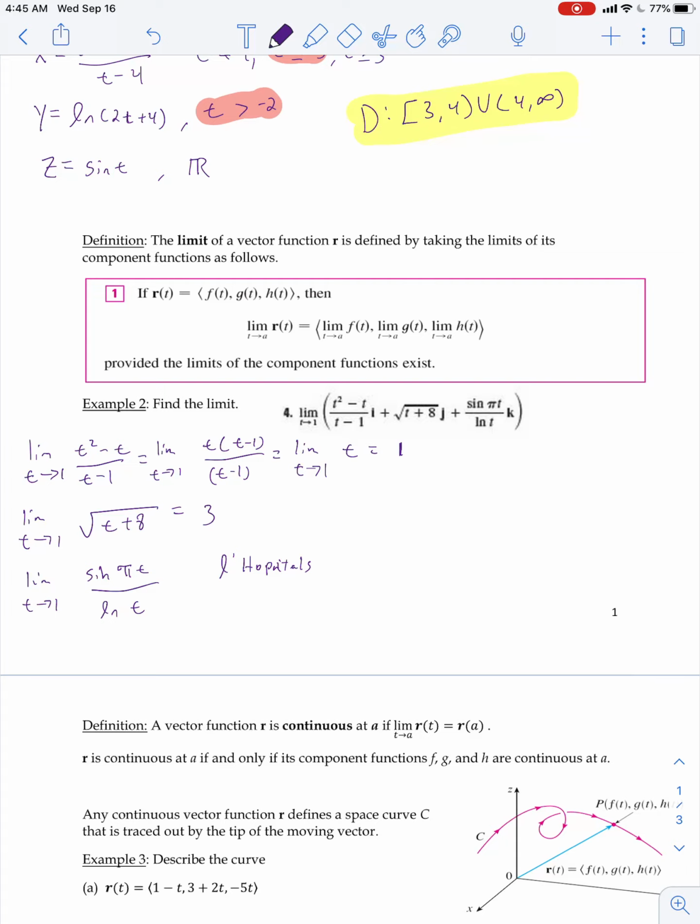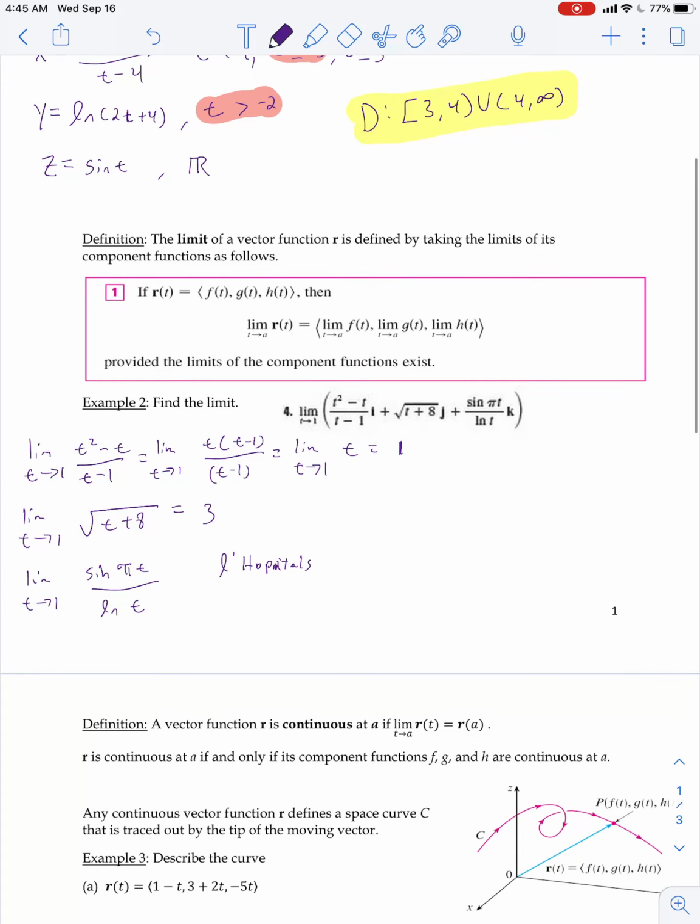In doing L'Hopital's rule, we're just going to take the derivative of the top and then take the derivative of the denominator, and then plug in my limit once again. So the derivative of sine of pi t is just pi cosine pi t, and the derivative of the denominator is just going to be 1 over t.